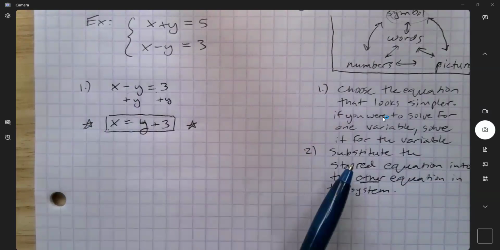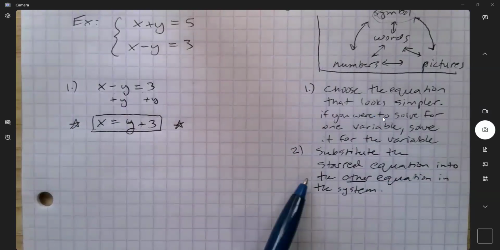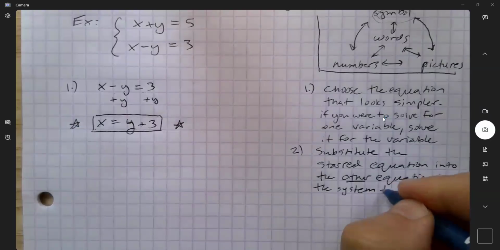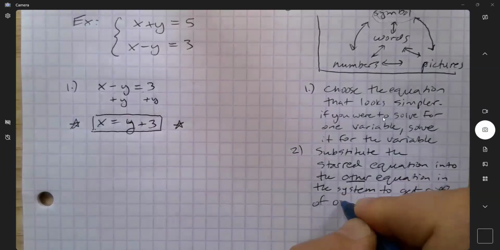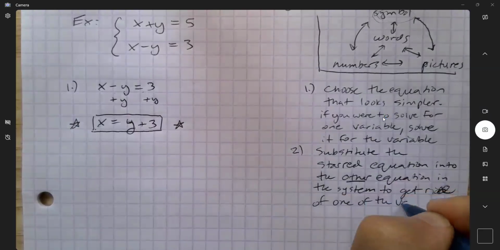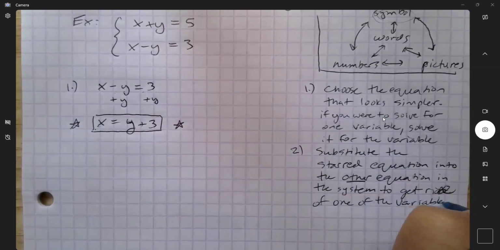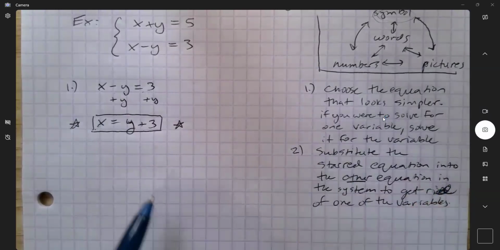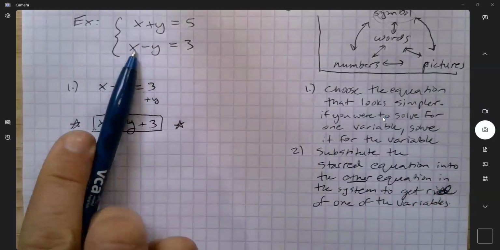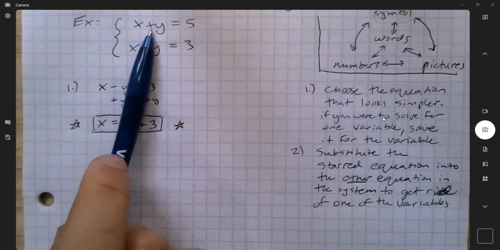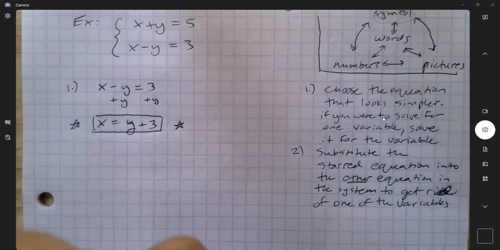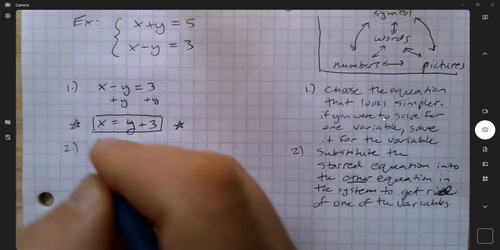So I'm going to substitute the starred equation into the other equation in the system to get rid of one of the variables. As mathematicians, we look at a system of two equations and we're like, I don't like that this has two variables. So I'm going to change it so it just has one variable. That's going to make it easier for me.